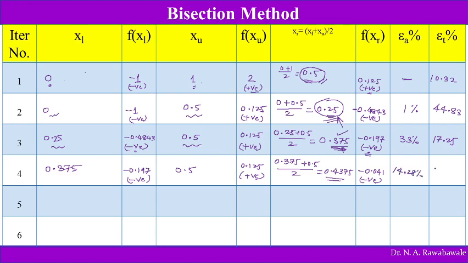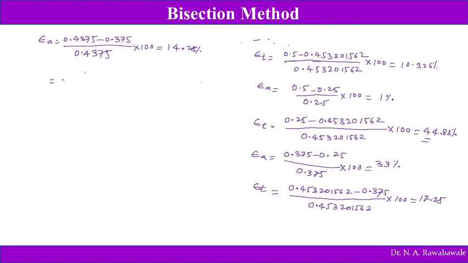Now we want to find out the true error. The approximate value is 0.4375. The true value is 0.453201562.